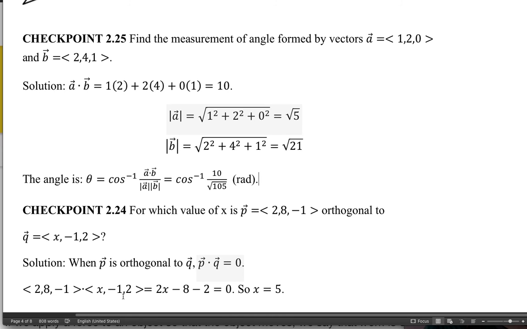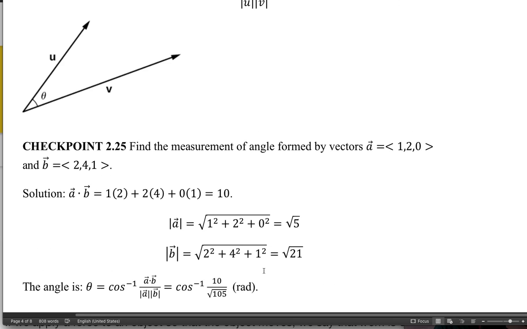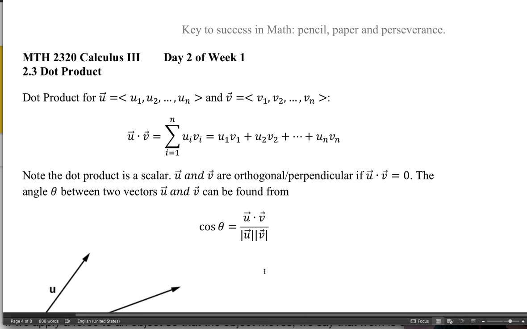So this is a calculation I did. Hopefully, let me double check. I believe it should be all right. 2 times x minus 8, then minus 2 equals 0. So accordingly, x must be 5. This is the topic of section 2.3, dot product.